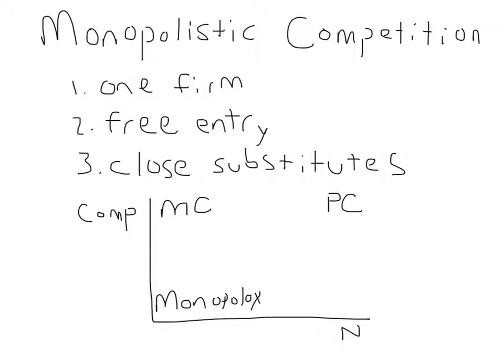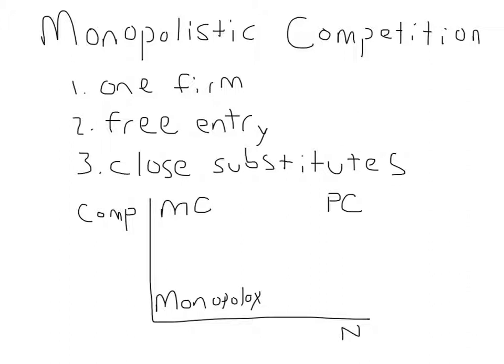And today what we're going to do is study a market structure that has elements of both monopoly and perfect competition, hence the name. There will only be one firm producing any given product, but the market will be very competitive. There's free entry, and all of the products are close substitutes. So a good example of a monopolistically competitive industry is the pizza industry in New York.